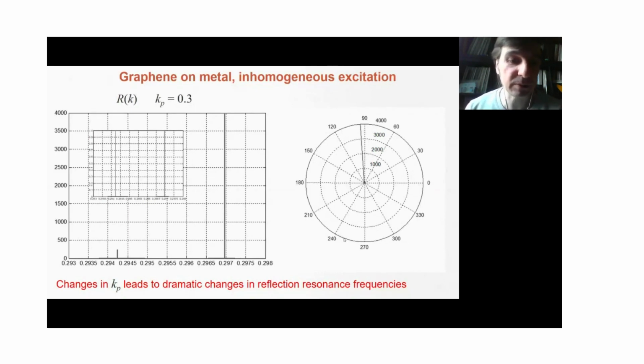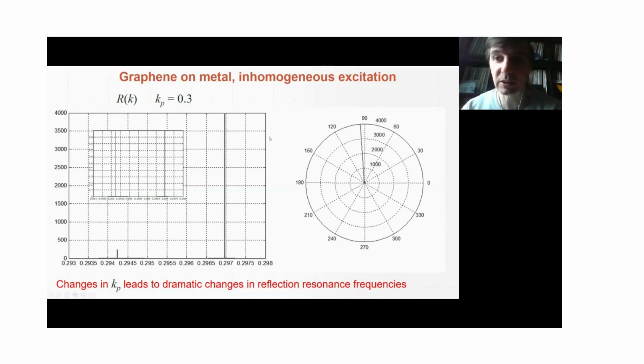And we have observed that changing the plasma frequency, and thus changing epsilon, the permittivity of graphene, we have dramatic changes in the resonance picture. So, for example, for Kp 0.3, we have a very high Q resonance on a frequency close to it.